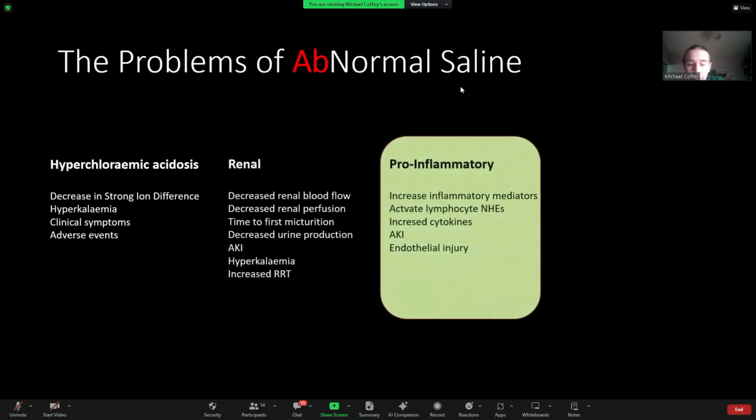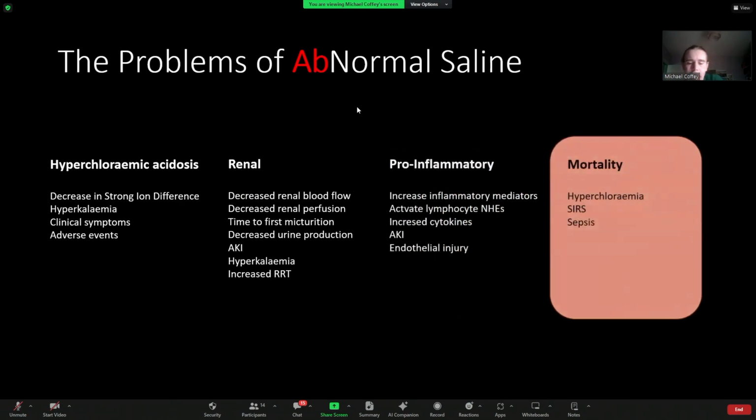Different animal and human studies show an increased pro-inflammatory state associated with saline compared with balanced solutions, with increased cytokines and different consequences from those. And most importantly, there's also a suggested association of increased mortality when comparing saline versus balanced solutions.